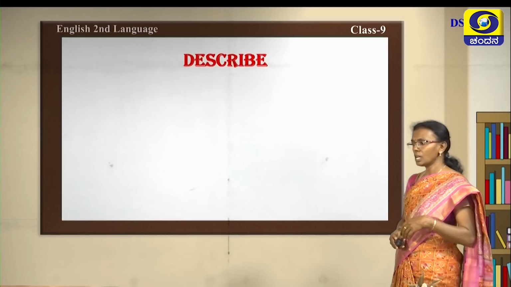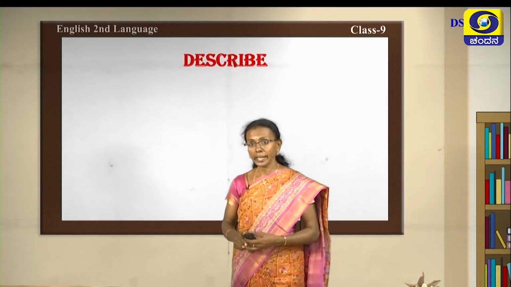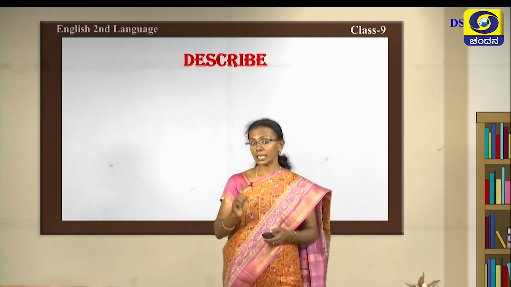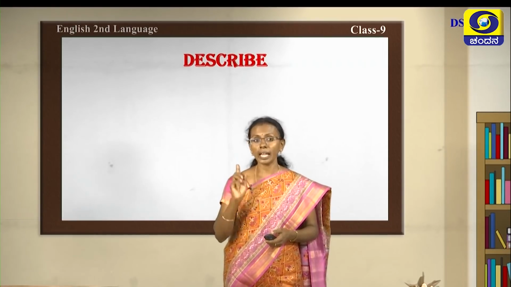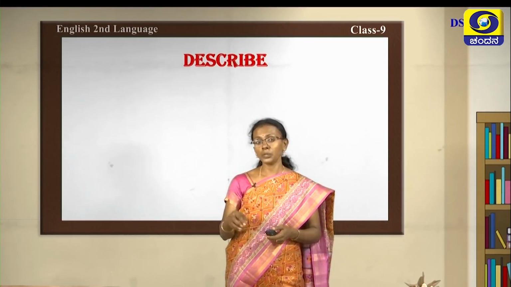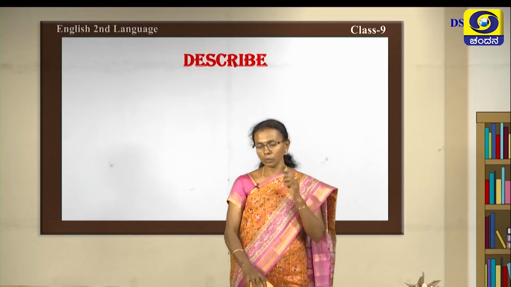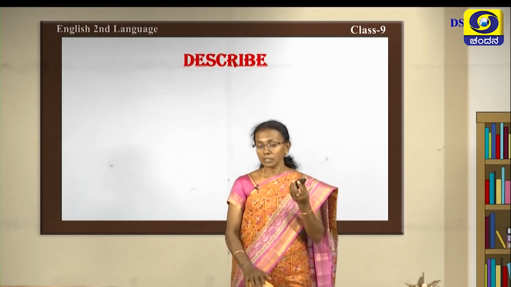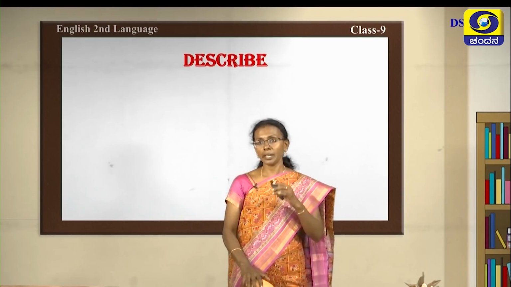Okay children, now we move on to describe. See, I have something surprise for you. You have to guess what I am going to ask. If your answer is right, I believe you will get that in written. The clue which I want to give you, you have to think and you have to guess what would be the answer, and then you have to give me finally the answer.